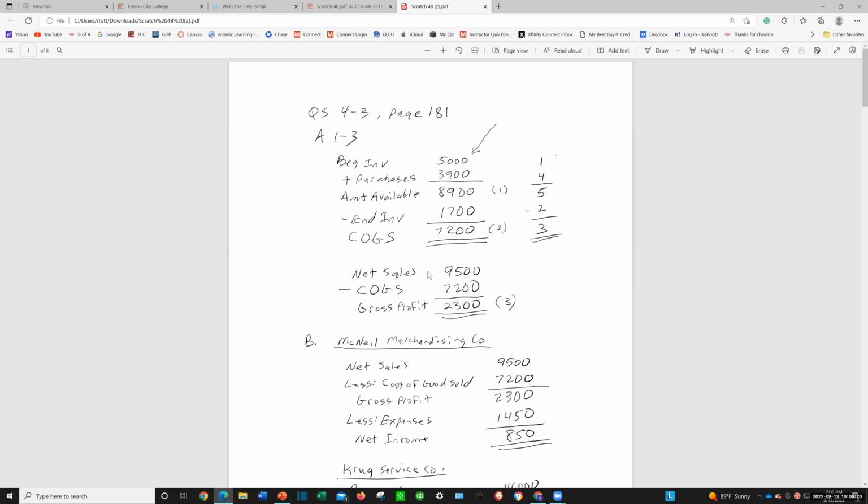Well, we've already calculated cost of goods sold right before. So we just dropped that 7,200 into cost of goods sold and we got it done. Net sales of 9,500 minus cost of goods sold of 7,200 equals gross profit of 2,300. Okay, so that's 1, 2, 3. We are done with A.